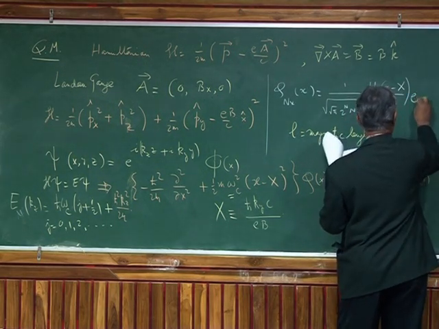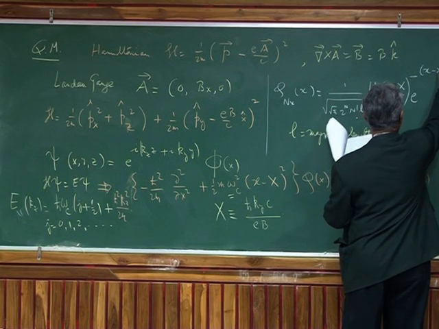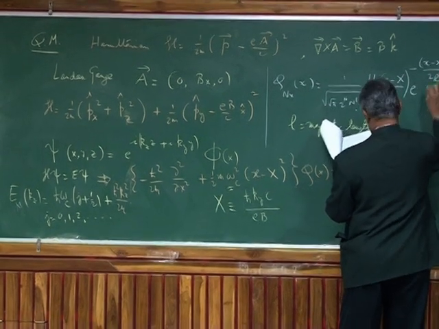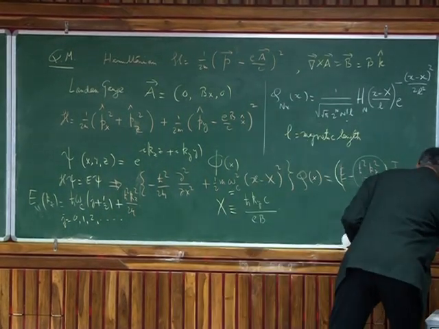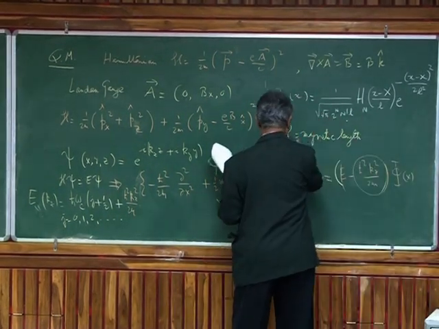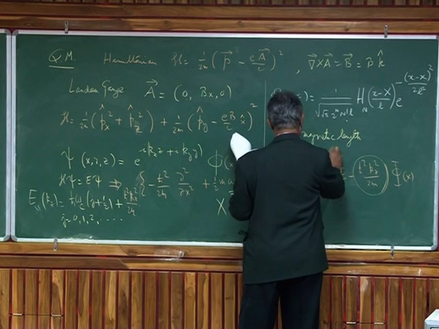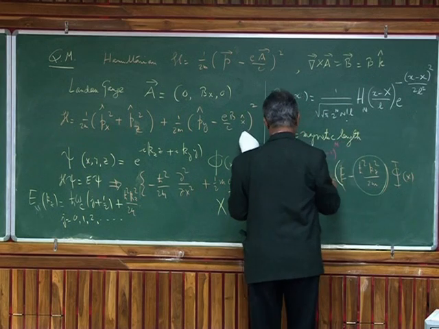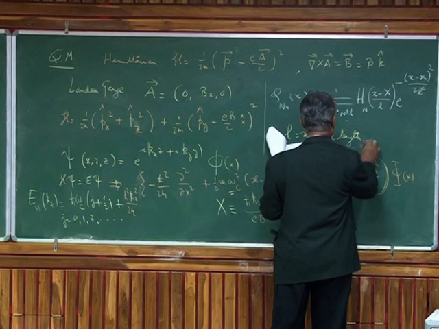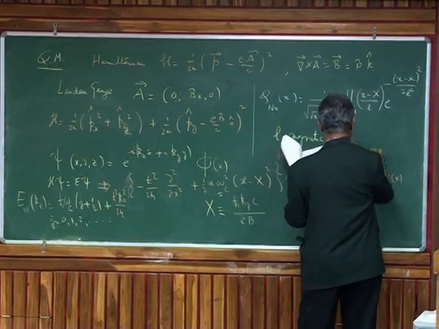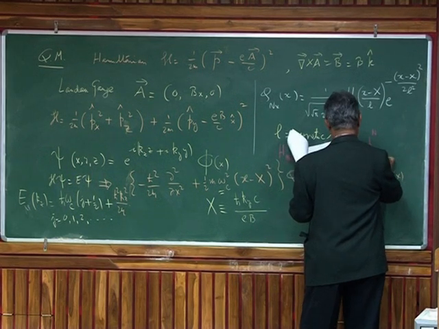Times an exponential, these are your Gaussian functions. And Hermite polynomials, as you know, are defined as H n of x equals minus 1 to the power n, e to the power x squared, times the nth derivative of the exponential of minus x squared.